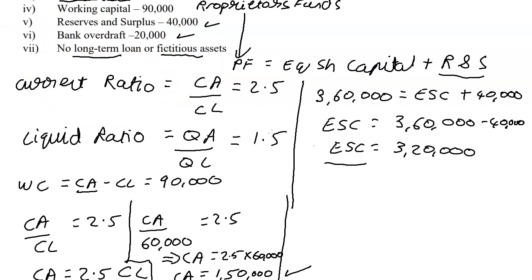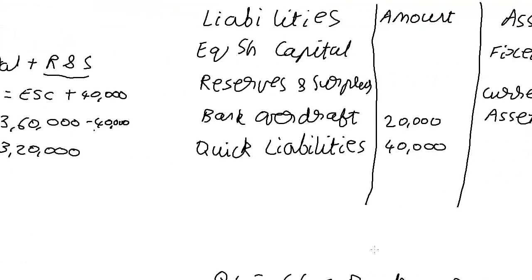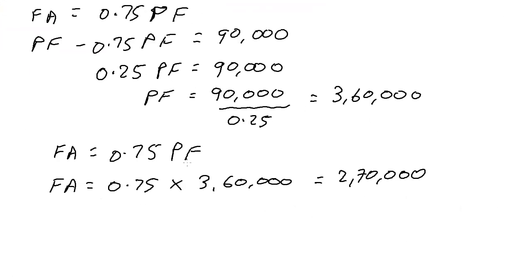Going forward, we have equity share capital as 3,20,000, reserves and surplus as 40,000. The liability side of the balance sheet is ready. On the asset side, I just need fixed assets from the bottom.